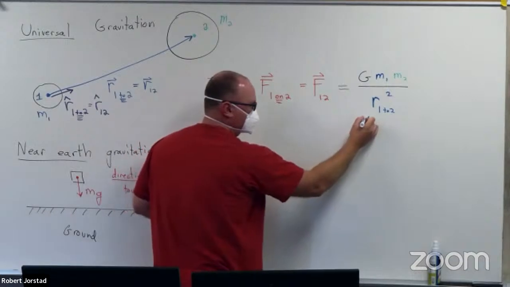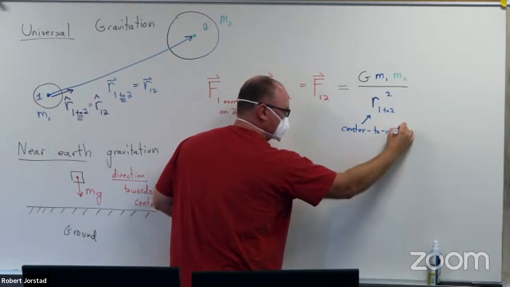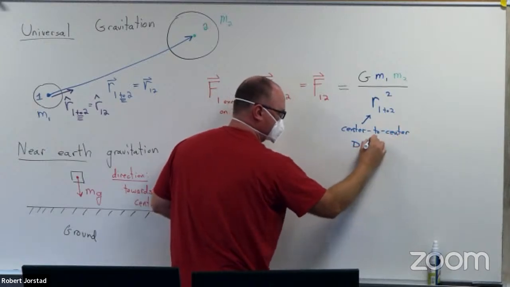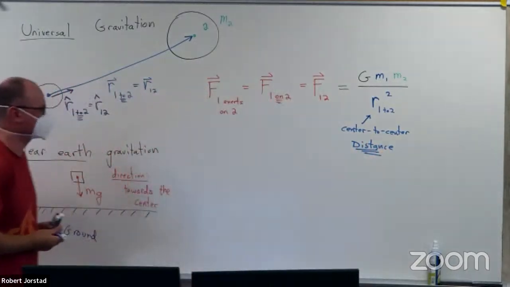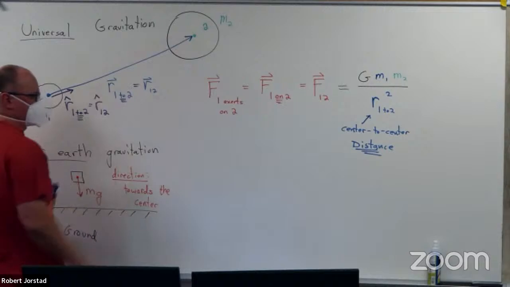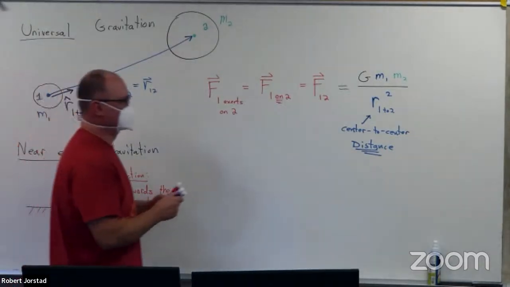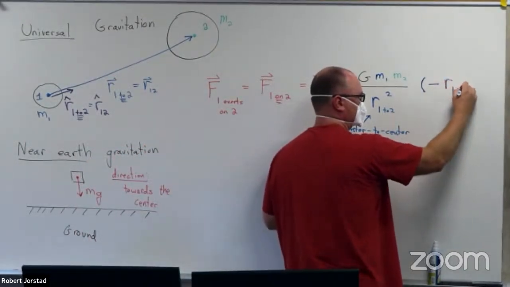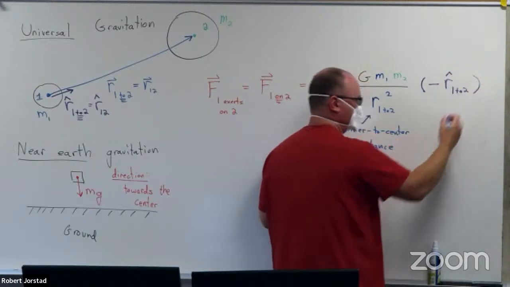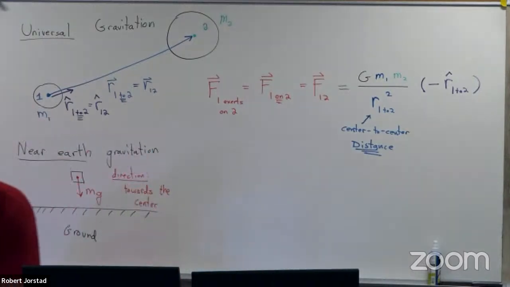R1 to 2 is center to center distance, not displacement vector. So that's just the distance between them, not the vector between them. The direction is negative R1 to 2 hat. A hat vector describes direction in 3D. So far, so good?